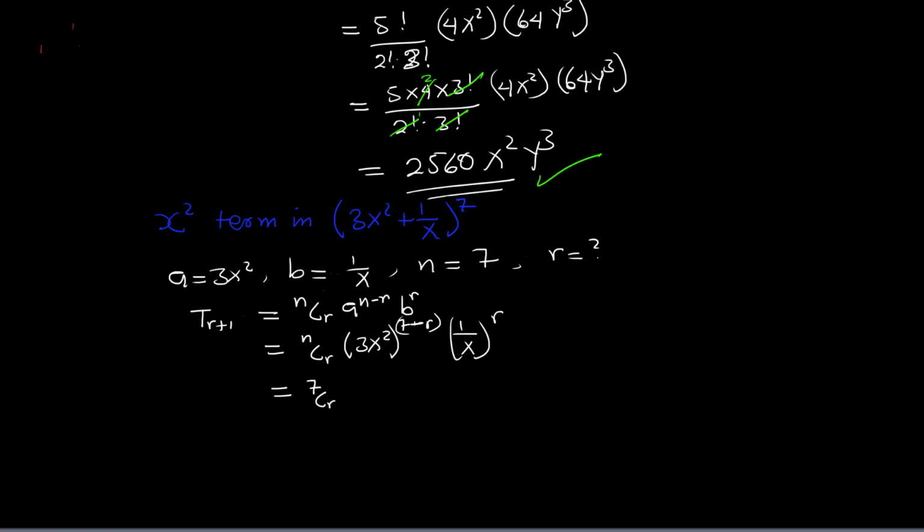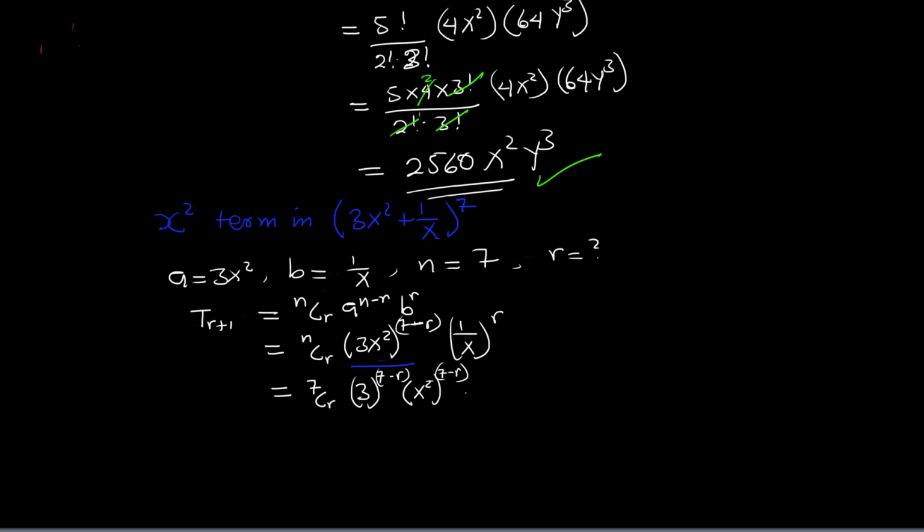7 combination r, and from our laws of exponents, we can split this term here, 3x squared to the 7 minus r. We can split it in this form. We can say that 3 to the 7 minus r and x squared to the 7 minus r. We can split it this way from the laws of exponents.